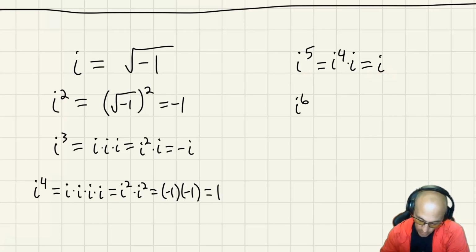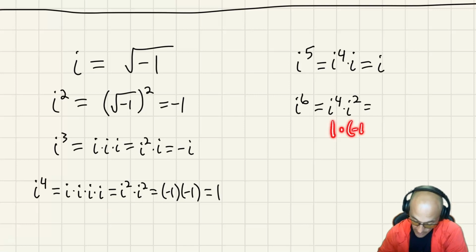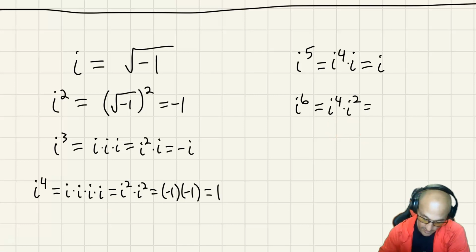i to the sixth power is equal to i to the fourth times i squared. Well, i to the fourth is 1, and i squared is negative 1. So this is 1 times negative 1, and that's just negative 1.